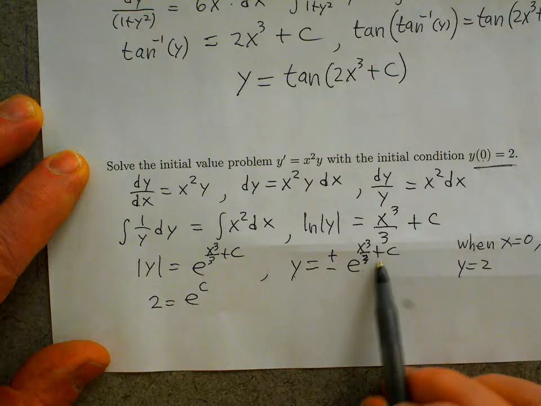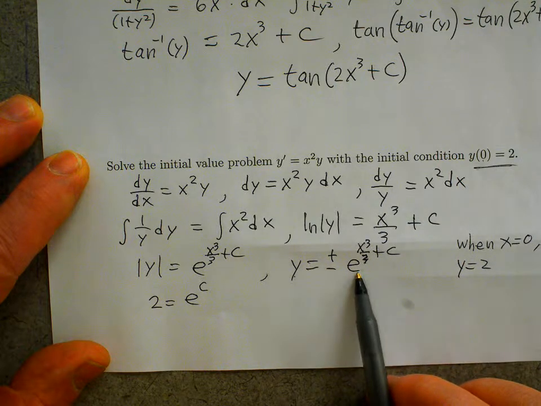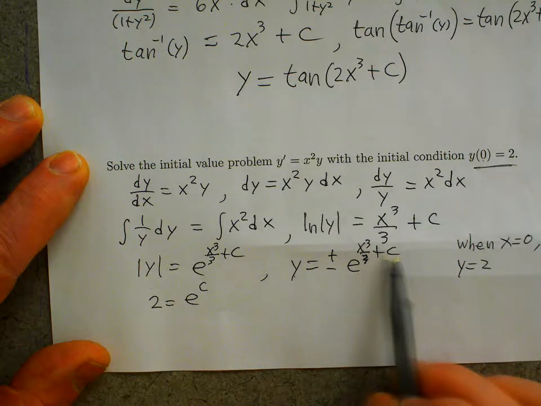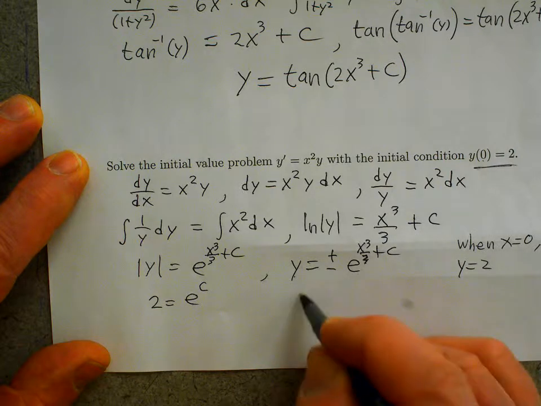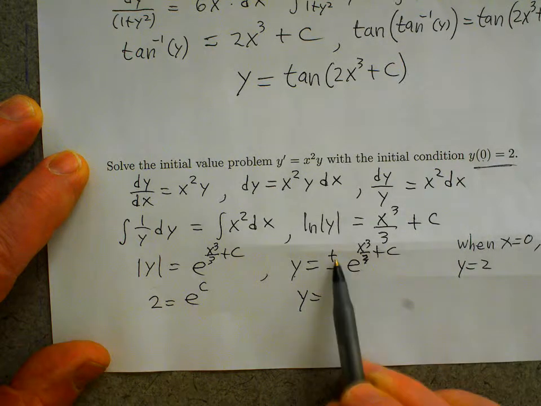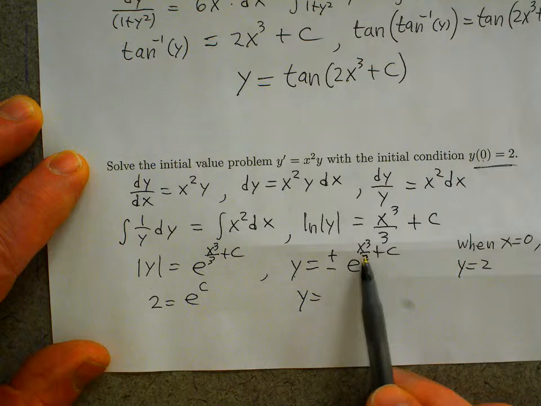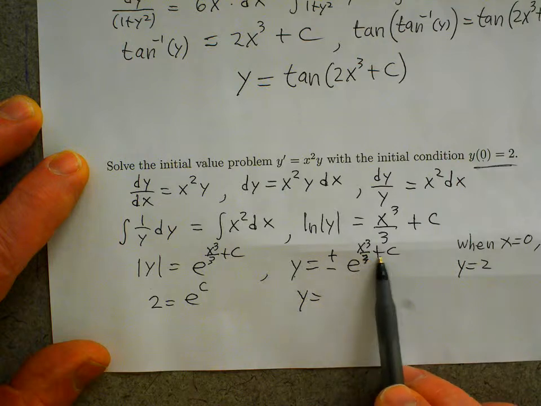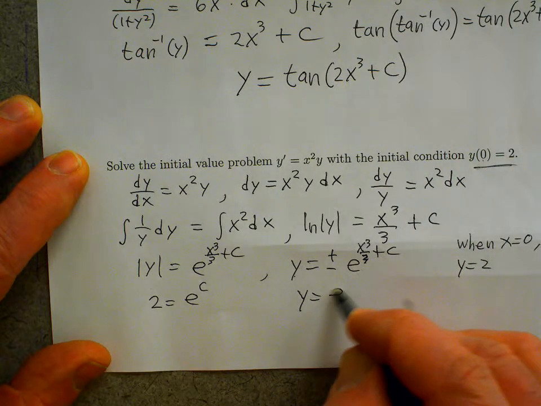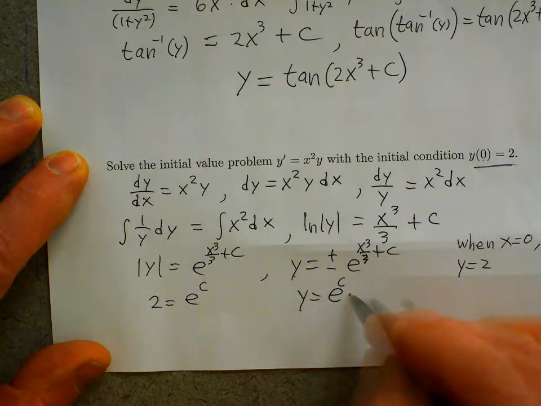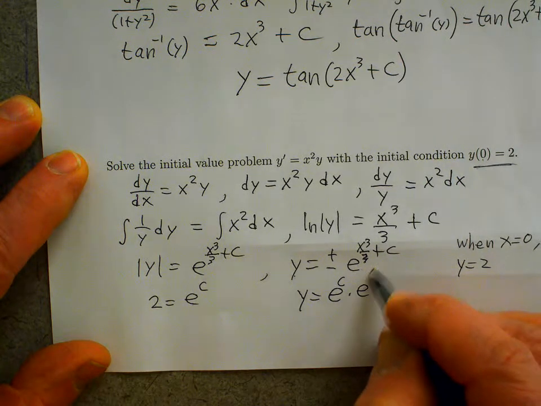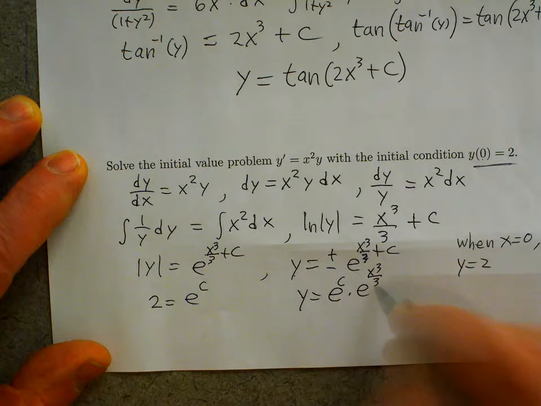Another way to write e to the x to the third over 3 plus c, I'll write it with the positive coefficient. It's useful to remember that e to the x to the third over 3 plus c is the same as e to the c times e to the x to the third over 3.